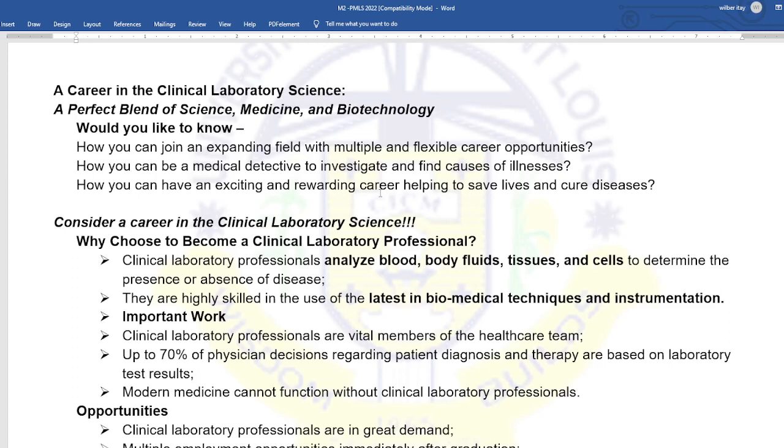But guys, take note, we as medical technologists are important in the healthcare team, but it doesn't mean that someone is more important than us, or that we are the most important in the hospital. In healthcare, we work together. It isn't important who has the higher contribution. It's not that nursing is better because they are with the patient, or that medtech is better because they are the reason diseases are known. It doesn't work that way, guys.